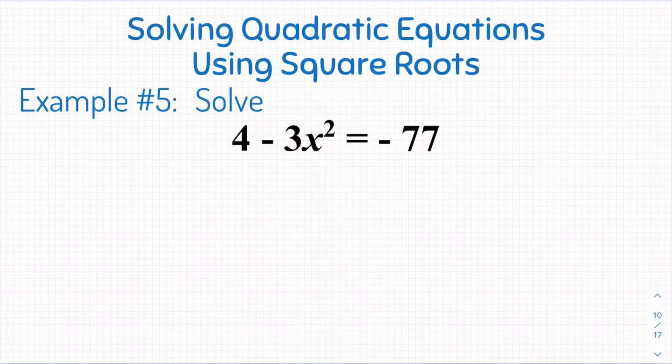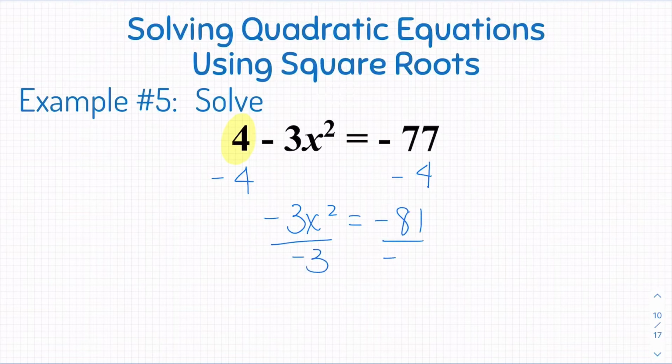Next problem. So on this one, again, my constant is this number over here that has no coefficient. So to get rid of that, I'm going to subtract 4 from both sides. I get negative 3x equals negative 81. Then I'm going to divide both sides by negative 3, and I know that 81 divided by 3 is 27.